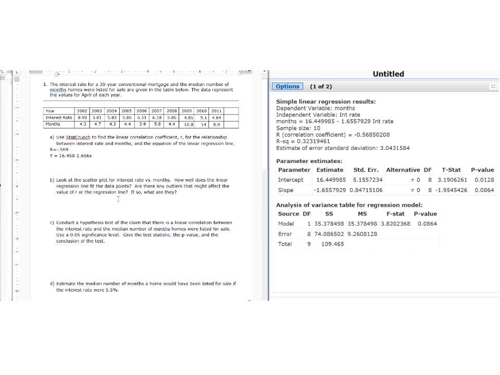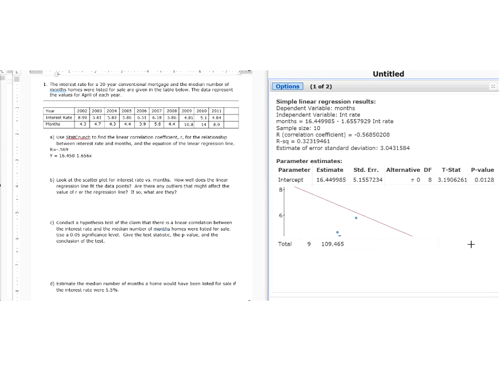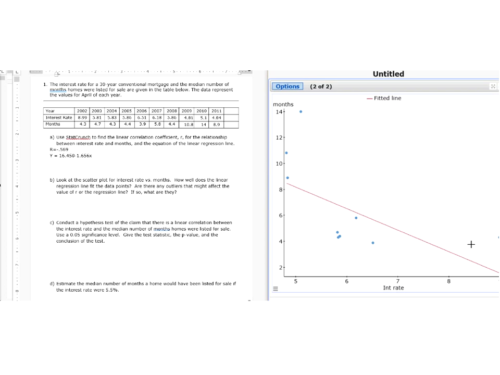Okay. Then the other thing that this will do automatically for you is it will give you a scatter plot. So if I go back to StatCrunch and I click this arrow on the bottom right, it will take me to the scatter plot. Now this one, because there weren't very many data points, it's kind of hard to tell what's going on here.